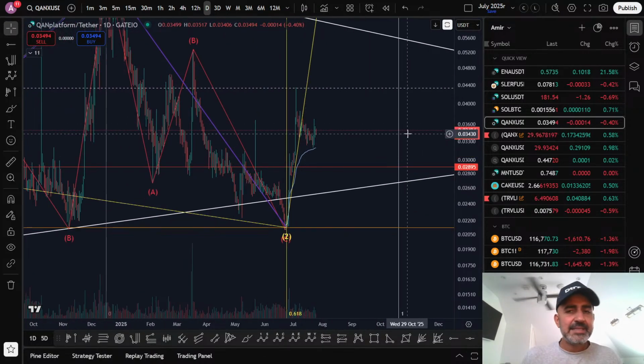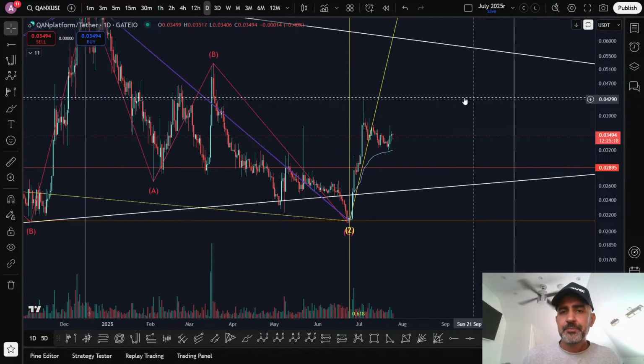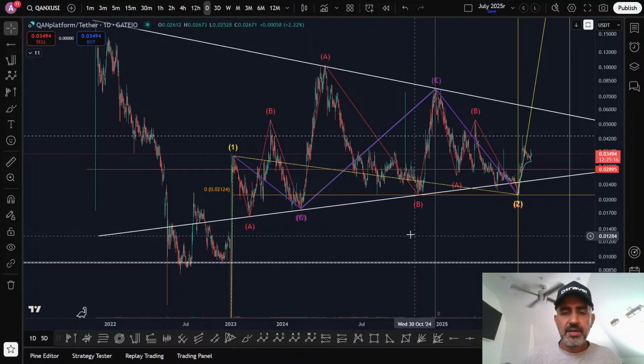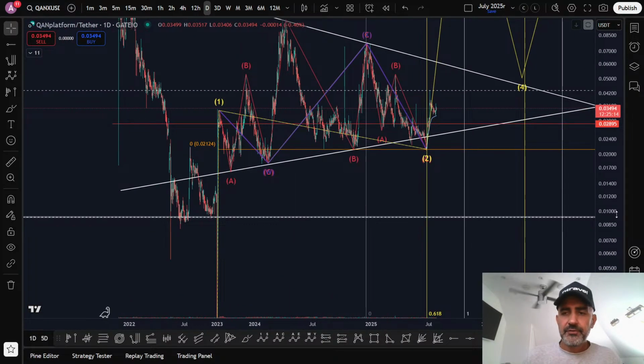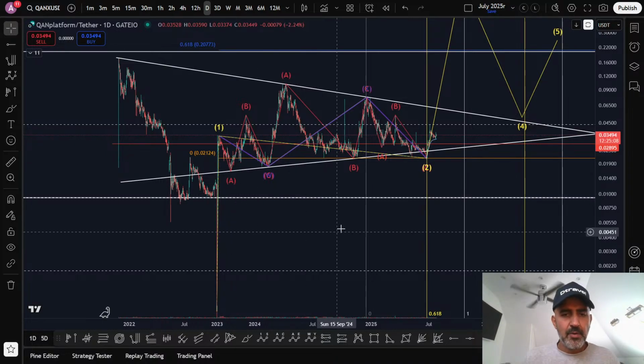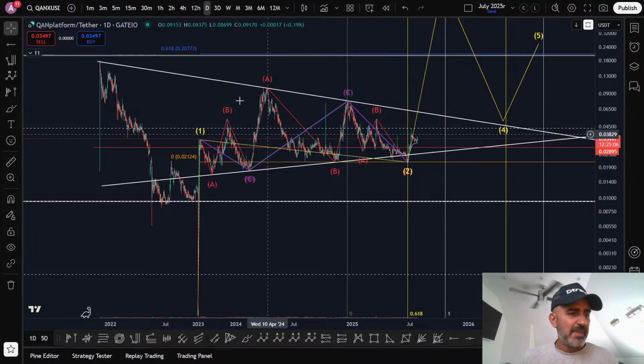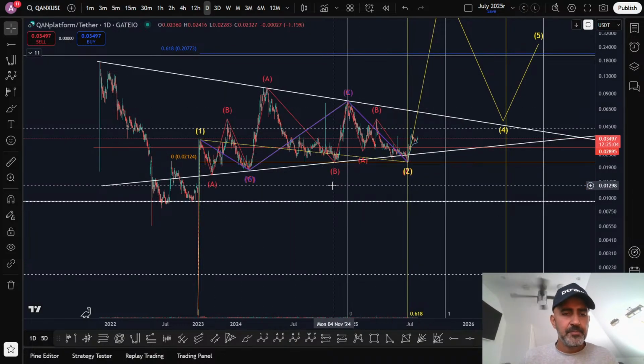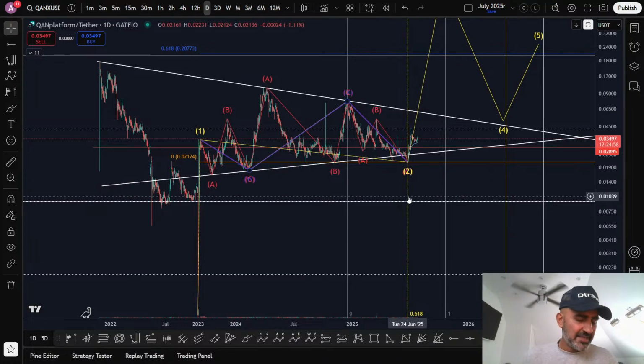I did this analysis on QANX and I came up with this idea of that 1-to-1 bridge hack refund being the first wave, and for us being in this higher time frame WXY ABC ABC ABC to culminate at the end of June. That was my idea.